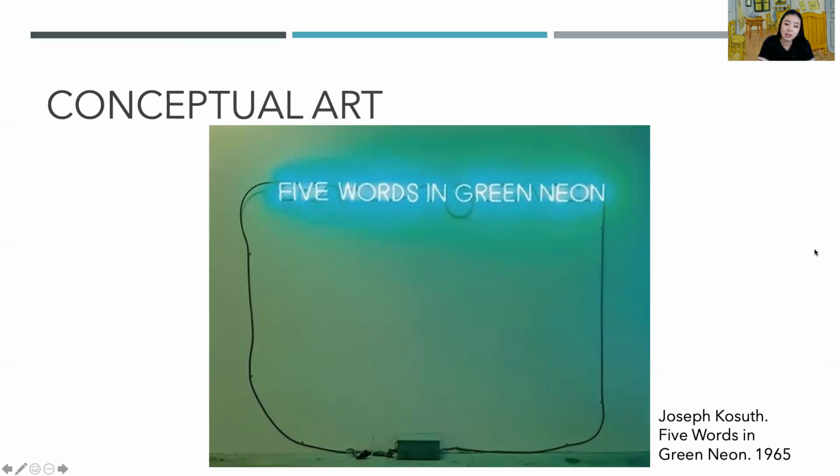So conceptualism is not a style, but a way of thinking about art. And artists have put it to many different uses. And many conceptual artists worked with language or words which, when written, take on a double life as image and idea.